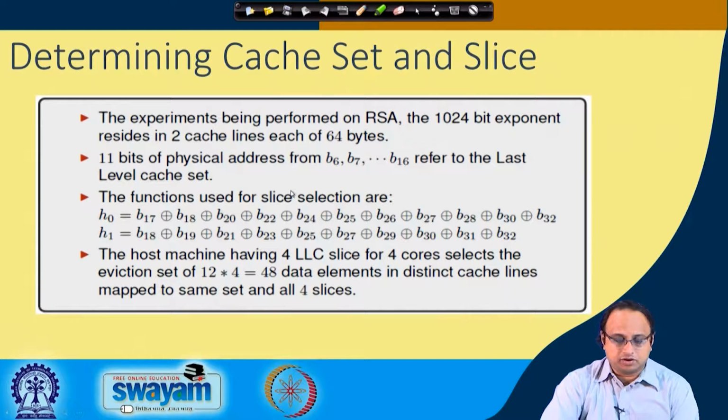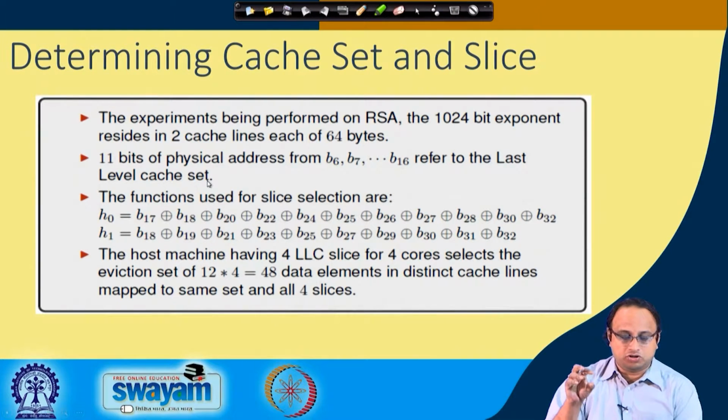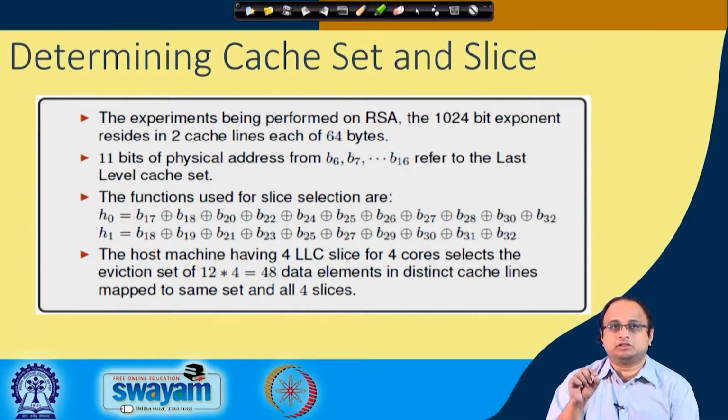Then 11 bits of the physical address refer to the last level cache set, and we are considering four cores. That means there are 4 corresponding slices in the cache memory.